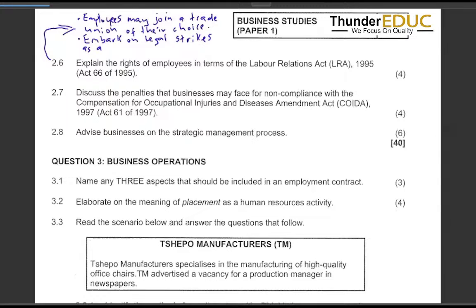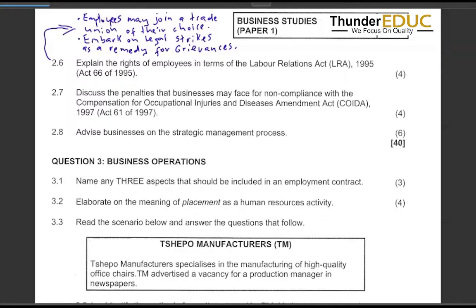Legal strikes is a remedy for grievances.